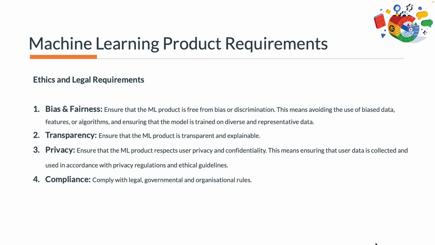The third one is privacy. Ensure that the machine learning product respects user privacy and confidentiality. This means ensuring that the user data is collected and used in accordance with the privacy regulations and ethical guidelines. Then compliance. Comply with legal, governmental, and organizational rules.